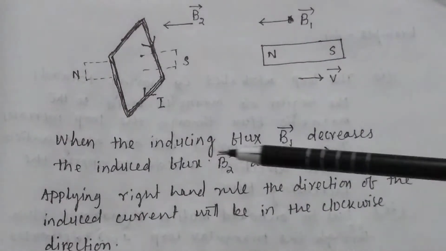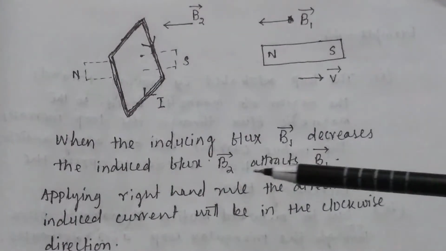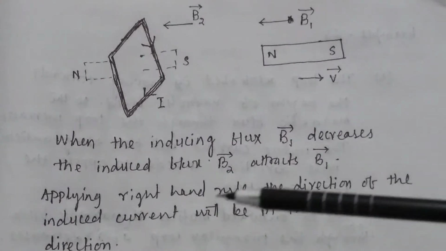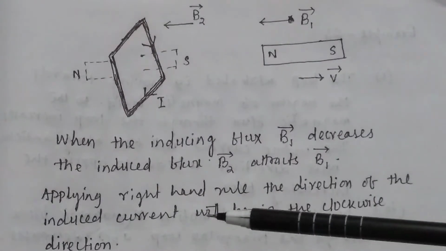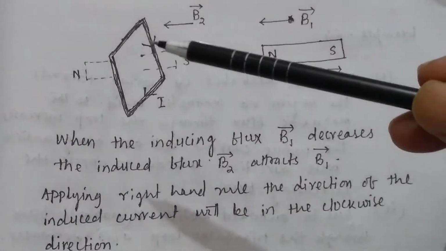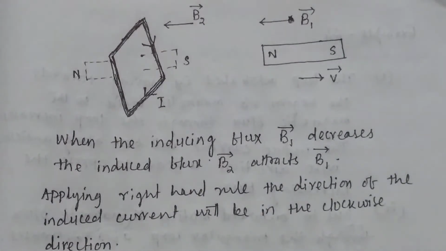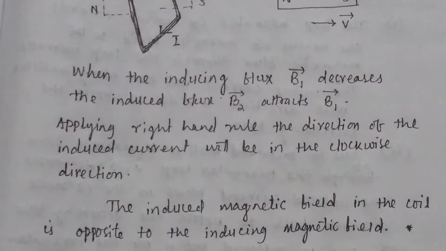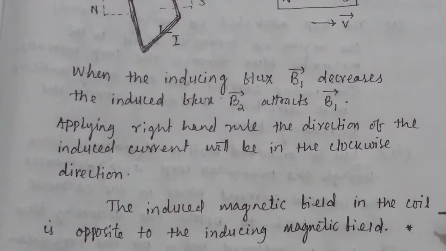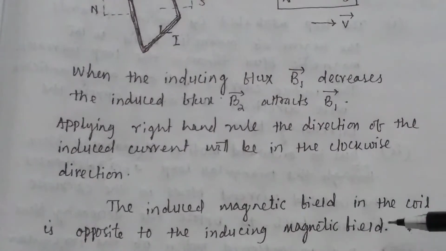Applying the right hand rule, the direction of the induced current will be clockwise. So remember, the induced magnetic field in the coil is opposite to the inducing magnetic field.